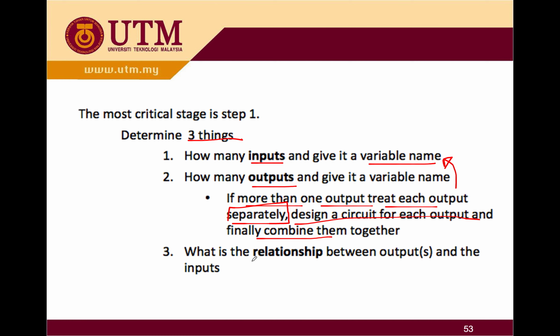And third is, what is the relationship between the output and the input. You're going to see this in the truth table, your Boolean algebra, or maybe using K-maps.